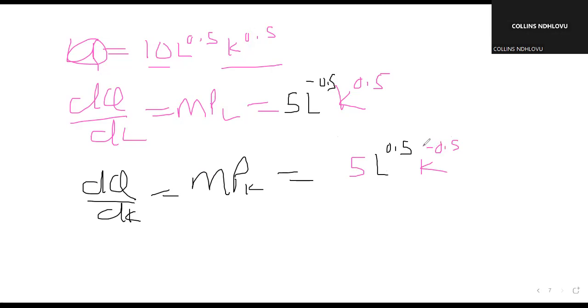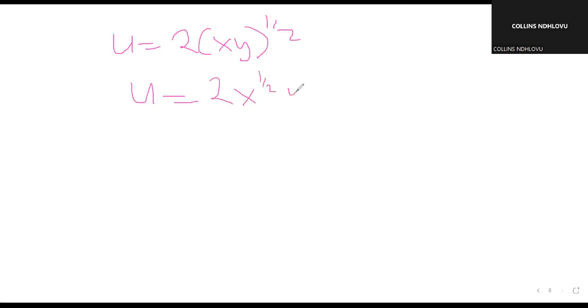Now you must understand that we usually love to arrange things in alphabetical order. So if you're given utility of 2xy half, so this will be U equals x half, y half. So du over dx is called the marginal utility of x.